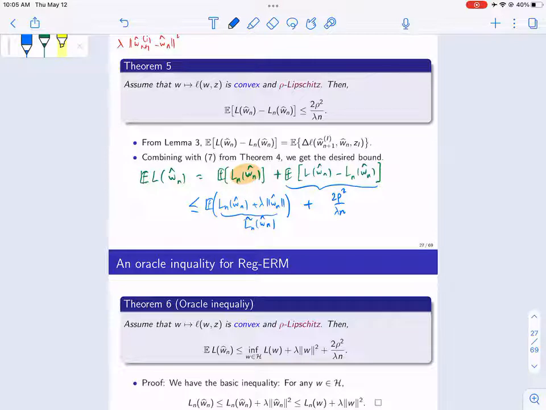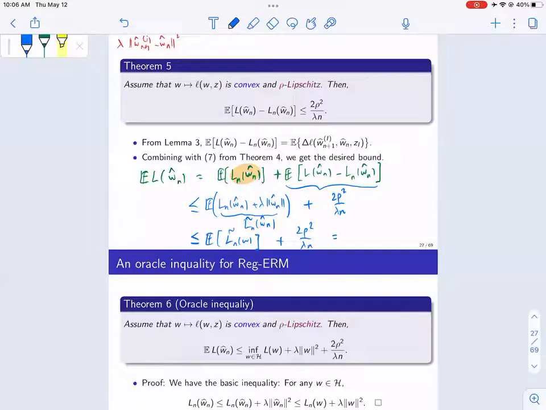So now what can we do? We can say that this is bounded by this for any fixed w, because W hat n is the minimizer, so for any fixed other w this is an upper bound on this. And so I get this equation.